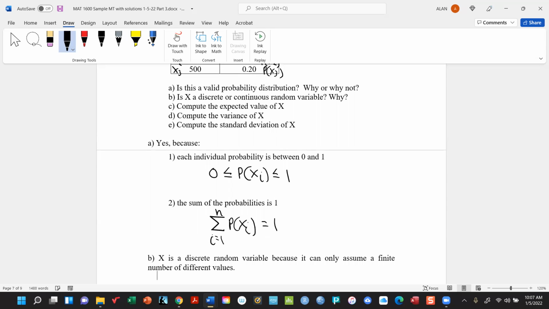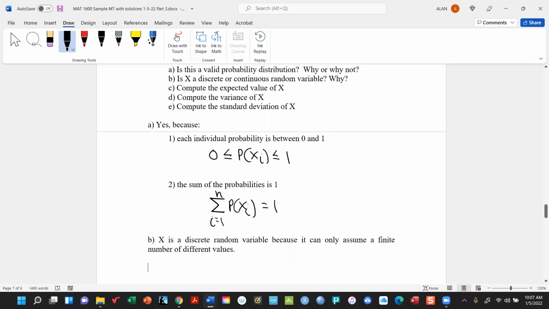In other words, the mere fact that I can create a chart out of it is a hint that this is a discrete random variable, because a continuous random variable has an infinite number of possibilities, which means trying to show it in a table would require an infinite table. We can't have that. So clearly, in this case, we have a finite number of possibilities. That makes X discrete. Remember, continuous is the opposite. Continuous would mean that we have an infinite number of possibilities, which we do not have here.